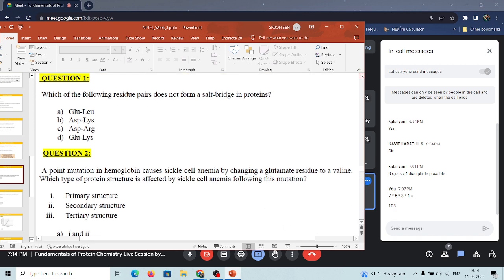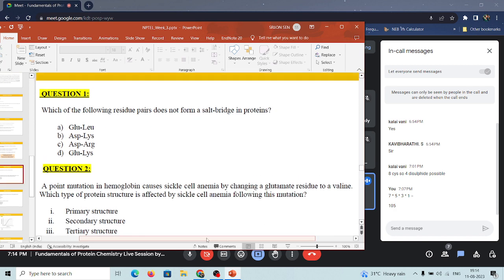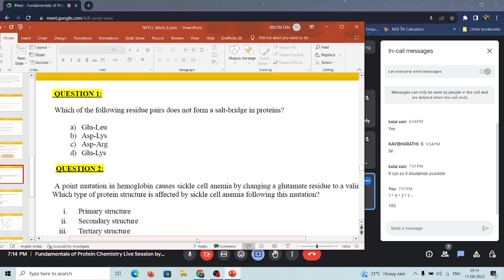Never mind if it is wrong, but try to participate in this portion of the class. Question one: between which two residues would a salt bridge form? Or the formation of a salt bridge is more probable?